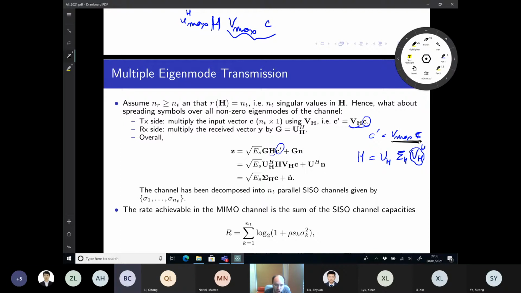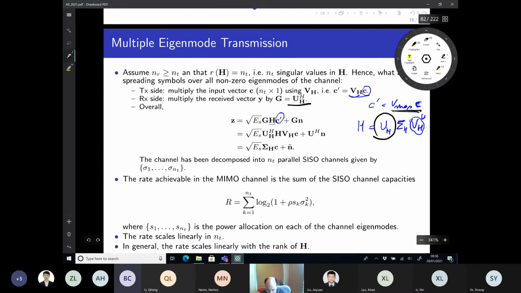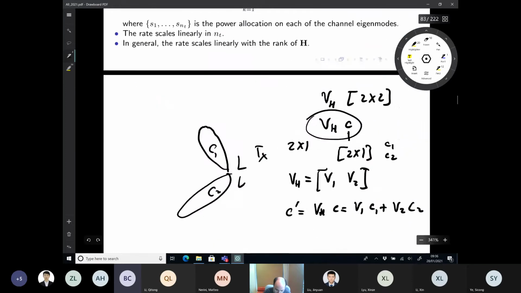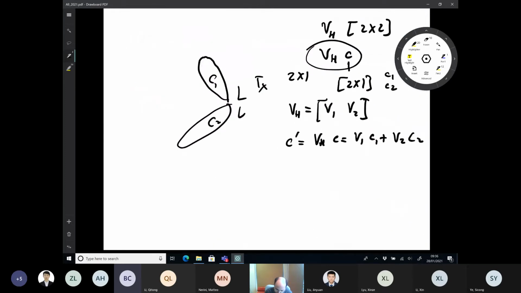How do I choose the combiner G? I have multiple streams that I transmit. So now I have a combiner that is not just a vector, it's a matrix. It's a matrix that is given now by the left singular vectors of H, and is given by the Hermitian of this. So what does that mean? Let me take this example.